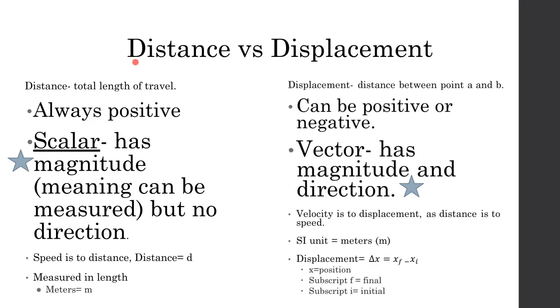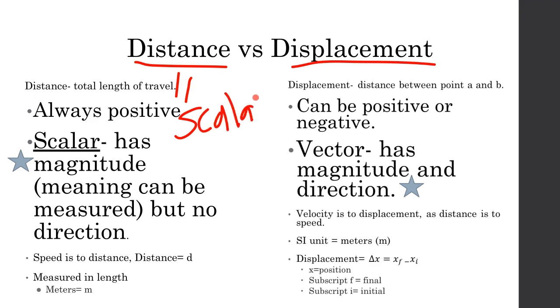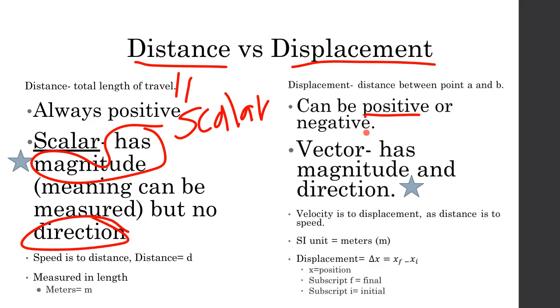So distance and displacement. Distance is talked about as a scalar. It only has a number, a measurement only and no direction. But a vector can be positive or negative. See, this is always positive. And the magnitude has a direction with it. The SI units the science uses are meters.